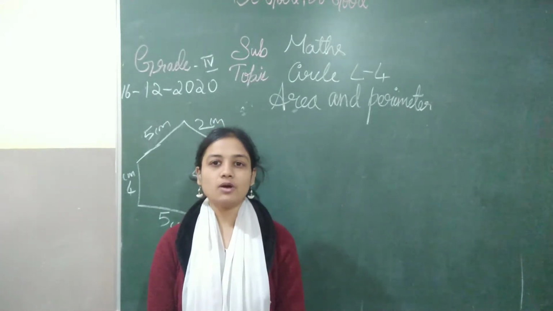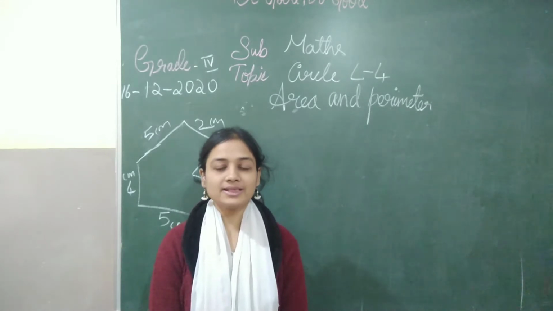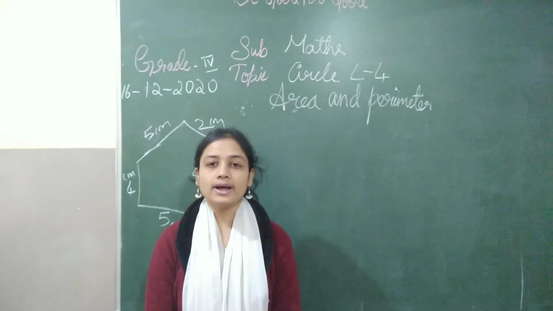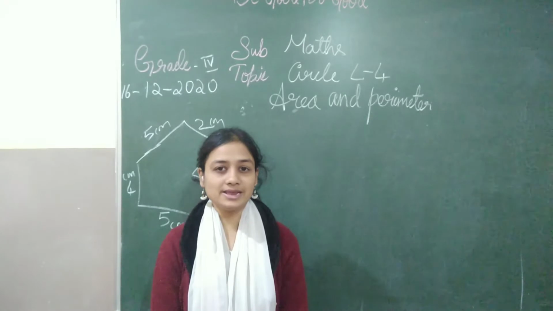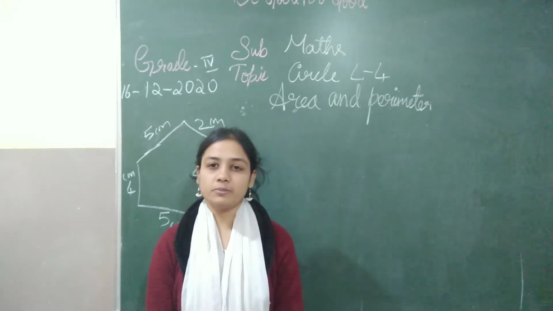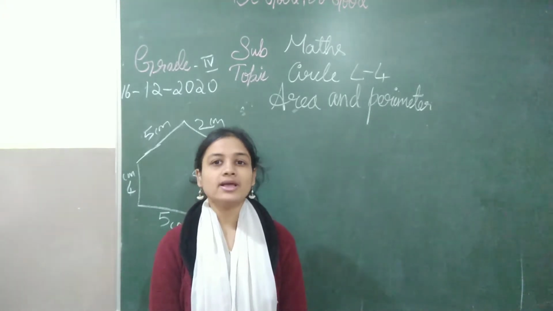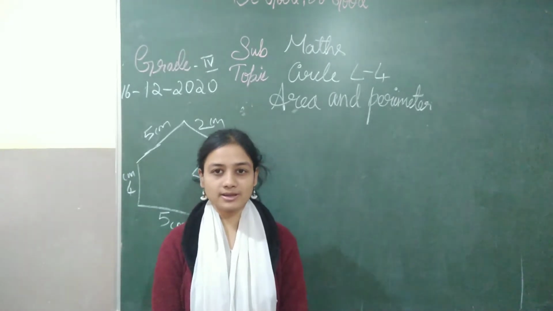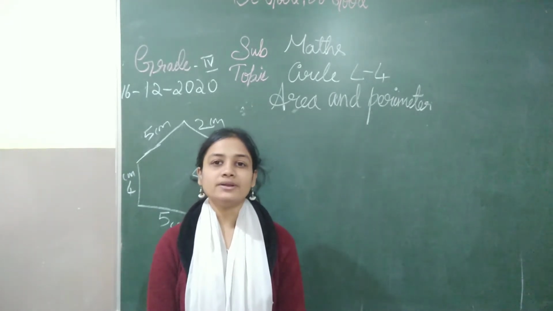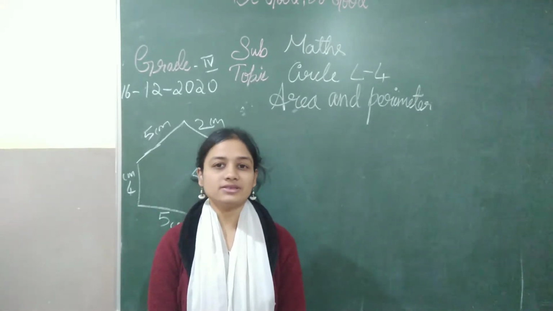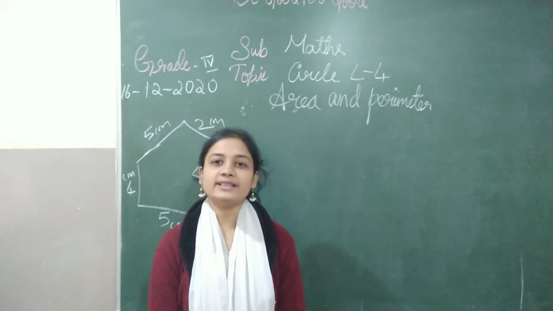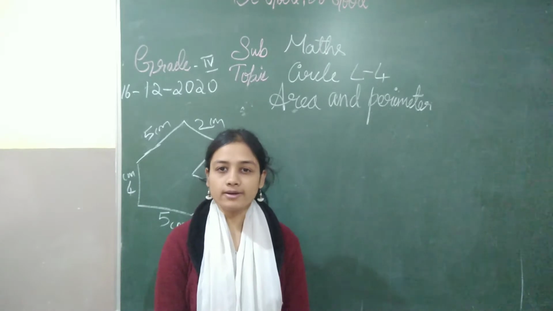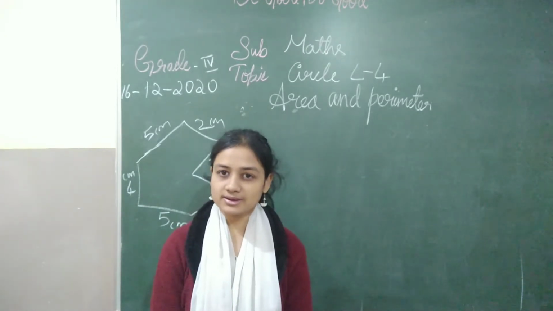In the last video, you learned the chapter Circle, lesson number 4, and you learned about the circle in detail: the outer boundary is called the circumference, the diameter is the line through the center with both ends on the circle, the radius touches a point on the circle and the center, and a chord touches 2 points on the circle.